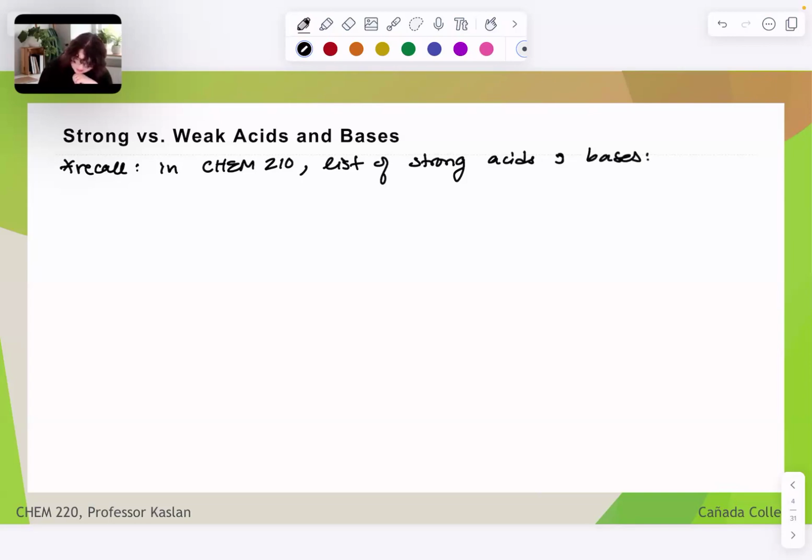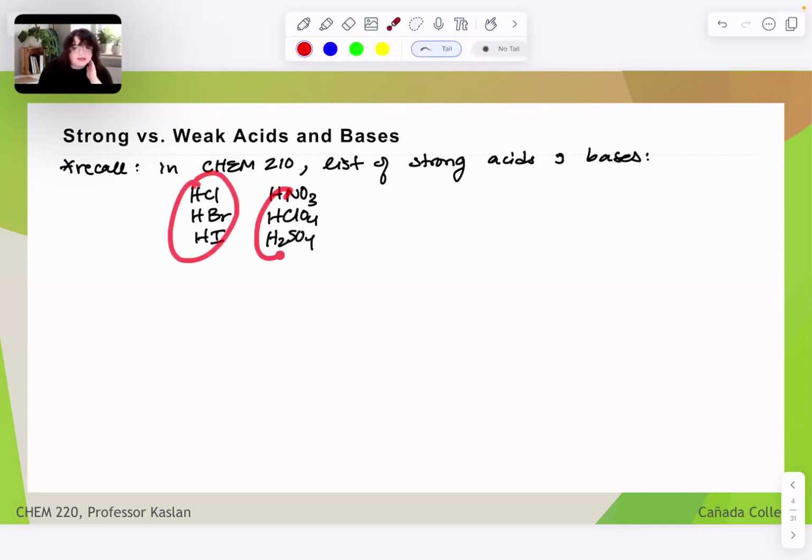So there's like 6 strong acids. So we've got 3 strong binary acids and 3 strong oxyacids.